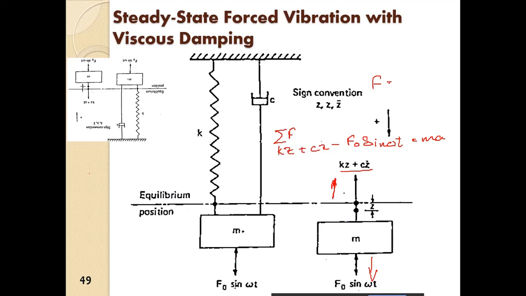So F is equal to ma. This is the basic equation of motion of the mass, which is acted upon by a vibrating force of F naught sine omega t.